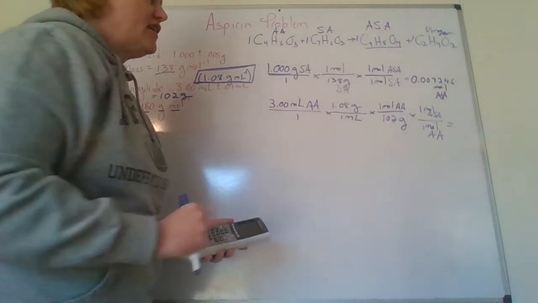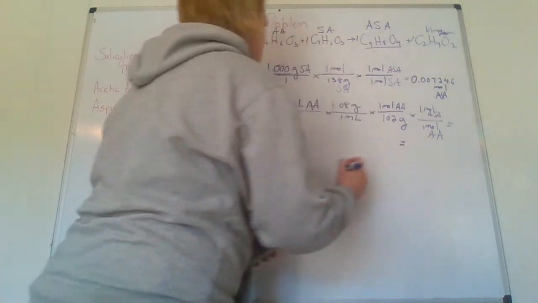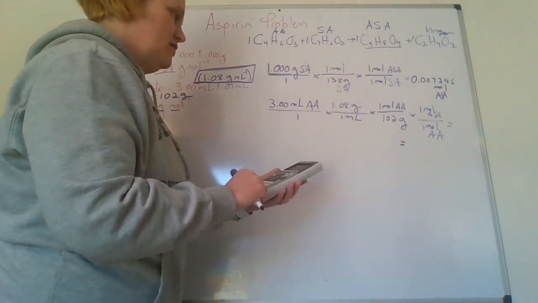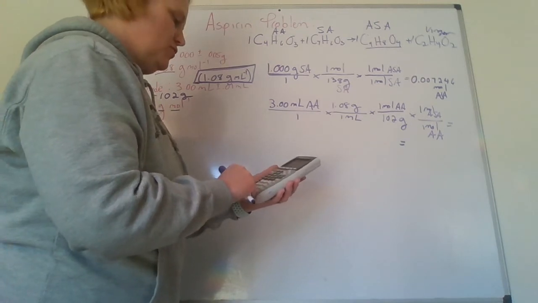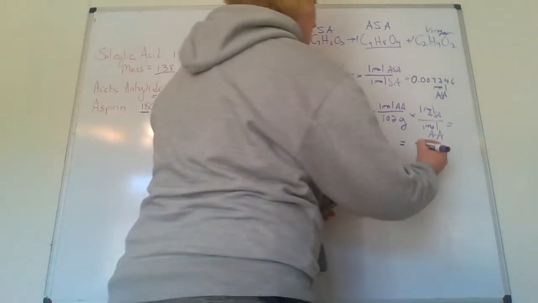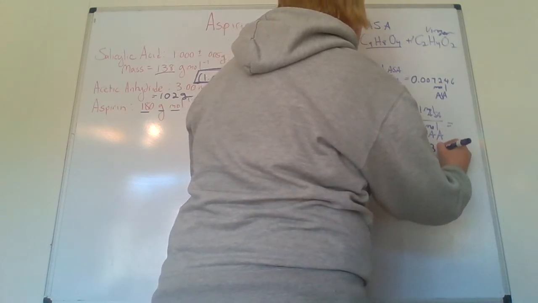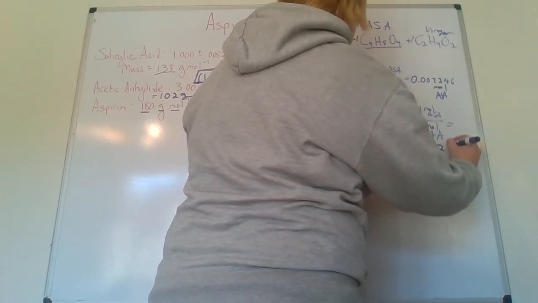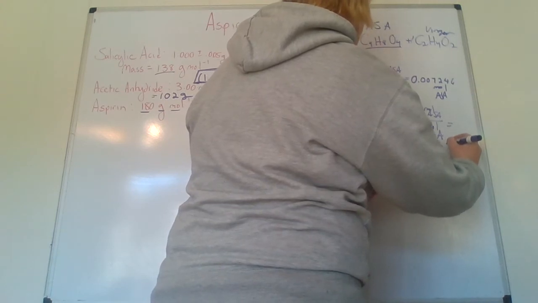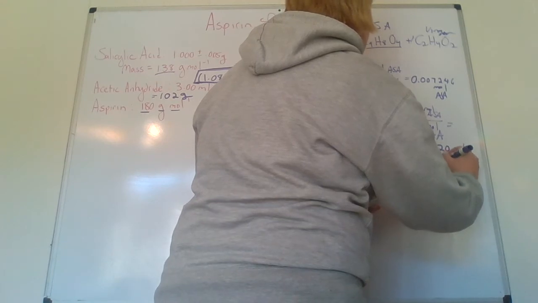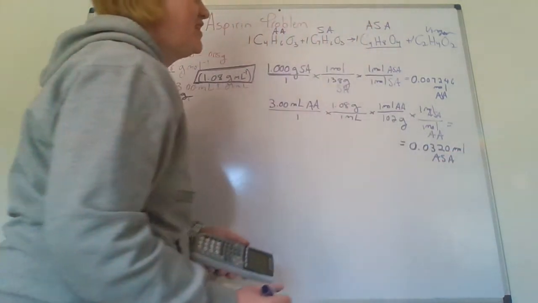For my acetic anhydride, I've got 3 times 1.08 divided by 102. I get a lot more. I get 0.032 moles of aspirin from this one.